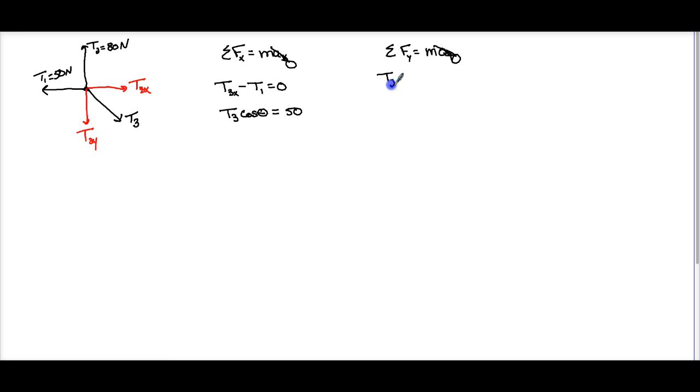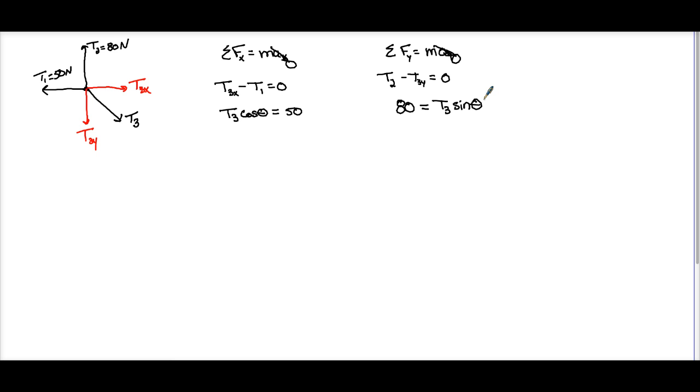I'm going to write T sub 2 minus T sub 3y is equal to 0. And again, I'm going to rewrite, fill in what I know. T sub 2 is equal to 80, and we get that T sub 3y can be rewritten as T sub 3 sine of theta. So now we've got two equations with the same two unknowns, and we need to find a way to solve them for what we'd like.